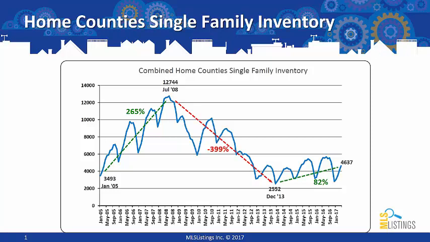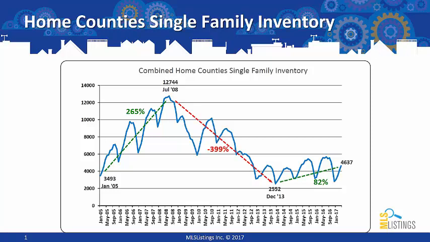Got it. For the purposes of the combined slide we're looking at, it runs from January 05 through April of 2017. What I'm looking at here is from the low point, in January 05 for the 5 home counties combined, to when it hit the peak in July 08.